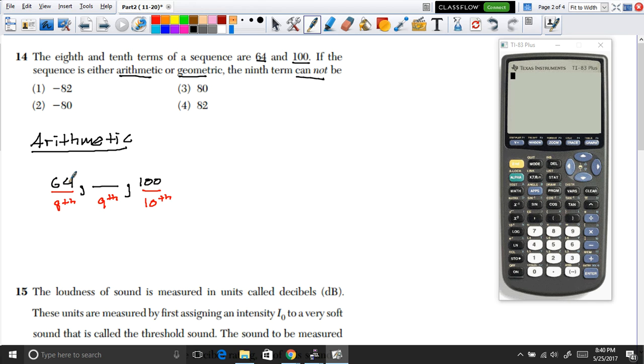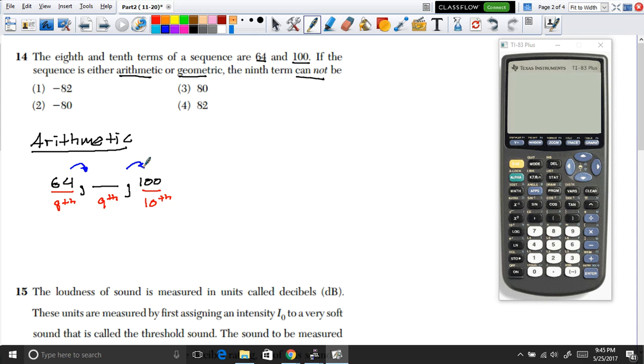Well, notice here that if you go from 64 all the way to 100, no, hold on. Let me state it a different way. Notice that if we have 64 and we add 18, because it's arithmetic, you need to add or subtract. That is the pattern.